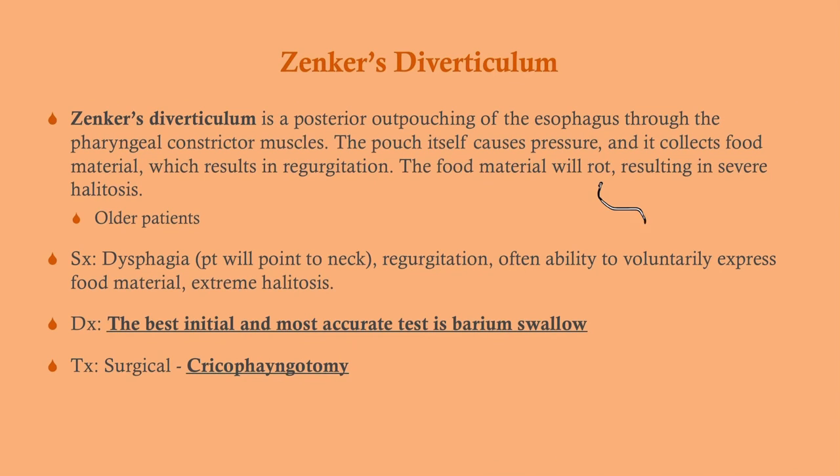And so as you get food stuck here in this diverticulum, it will begin to rot, and that results in halitosis. So these patients, when they point to their dysphagia, they're going to point to their neck. They're going to say, I regurgitate, and when they're telling you this, you're like, oh, pew, your breath reeks. So that's the typical appearance with Zenkers. What they regurgitate is going to be really stinky because it tends to be rotten.